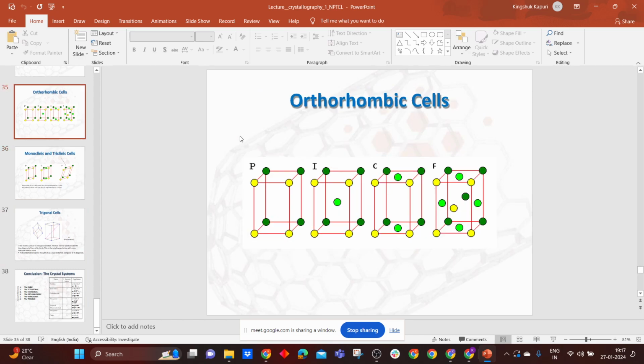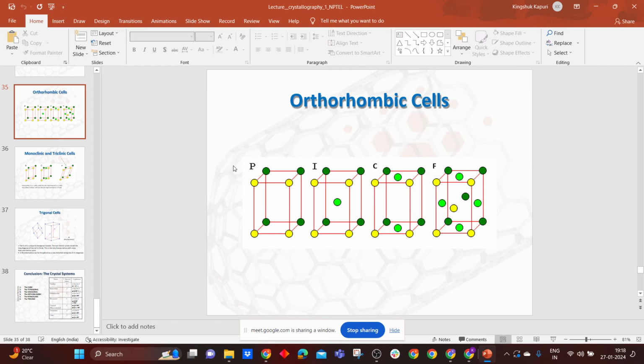And a very important question that is usually asked in JAM or GATE, you guys can note this question: please name the crystal system which contains all the four types of centered unit cells, that is primitive, body centered, face centered, and end centered.